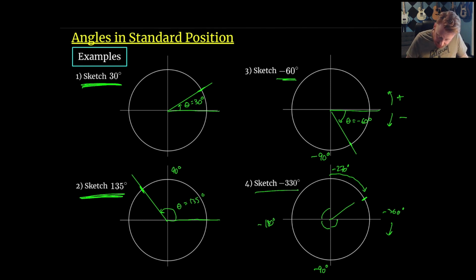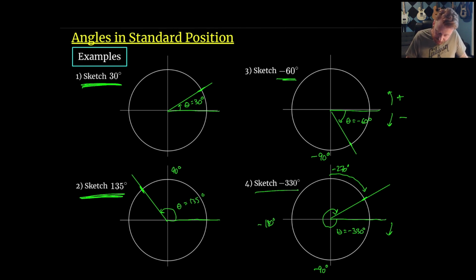So now I'll draw in my angle here, and to be really clear, let me draw in what this angle is, and it is going all the way around like that. This is the angle, theta equals negative 330 degrees.